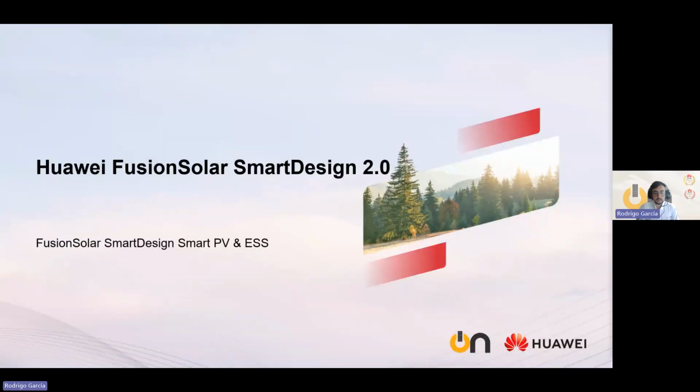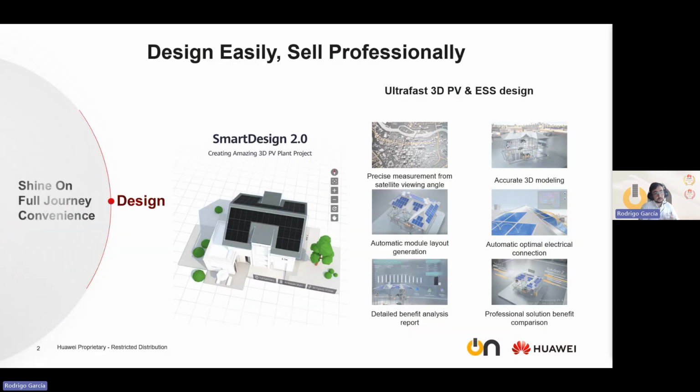Okay, so as Maria said, this webinar is to show you the Fusion Solar Smart Design 2.0. We'll be overseeing what you can do in Smart Design 2.0. So let's start. First, as you may know, Huawei created this platform for you to be able to design a residential solution or a CNI solution.